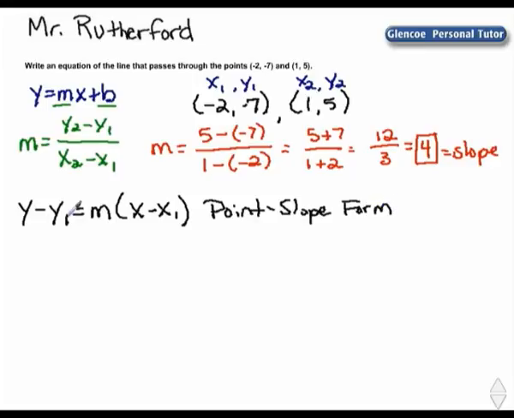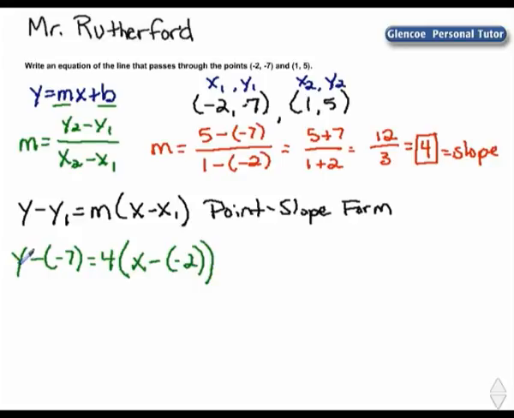So we'll plug in our y1 and our x1 and our slope into this equation. So we have y minus our y1, which is -7, equals our slope, which is 4, times the difference of x minus our x1, which is -2.